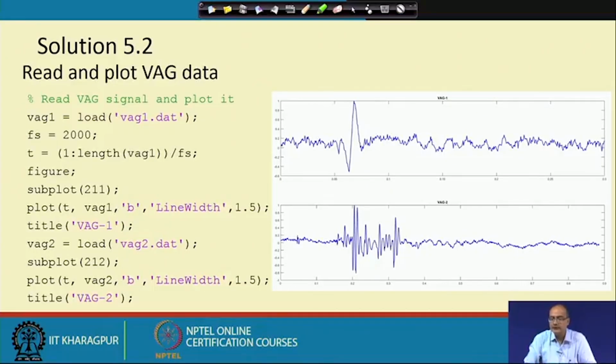The first one, the duration is small, the second one the duration is big, and more kinks are there in the second one. Okay.